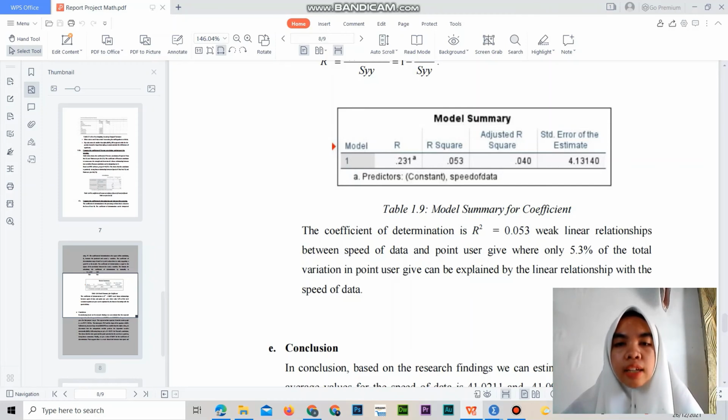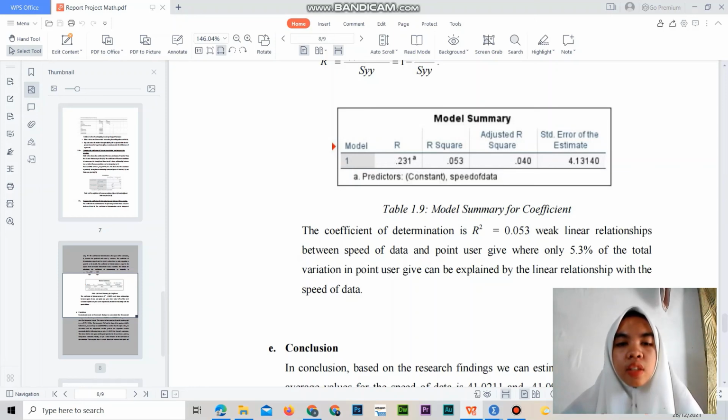We get R square equal to 0.053. From this, we can say that there is a weak linear relationship between speed of data and point user give, as only 5.3% of the total variation in point user give can be explained by the linear relationship with the speed of data.